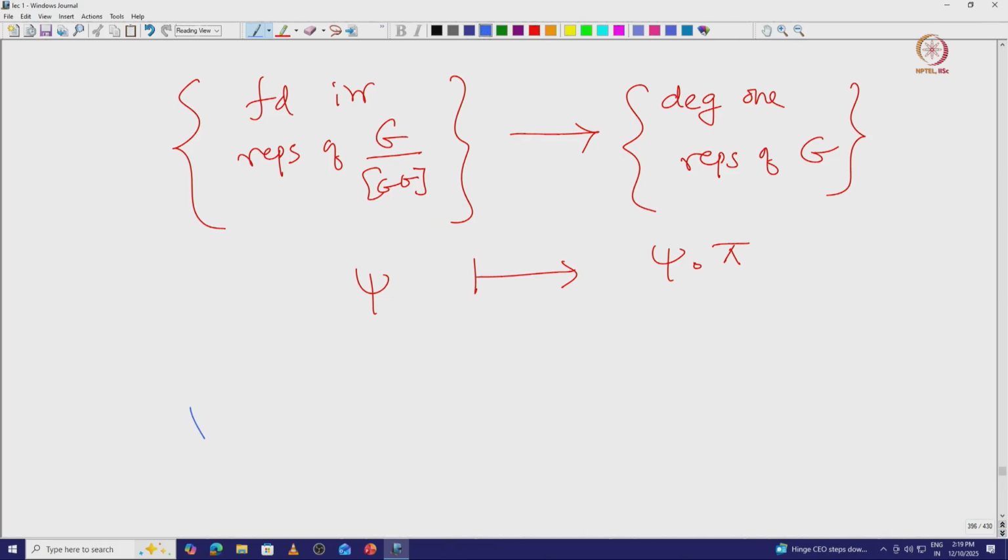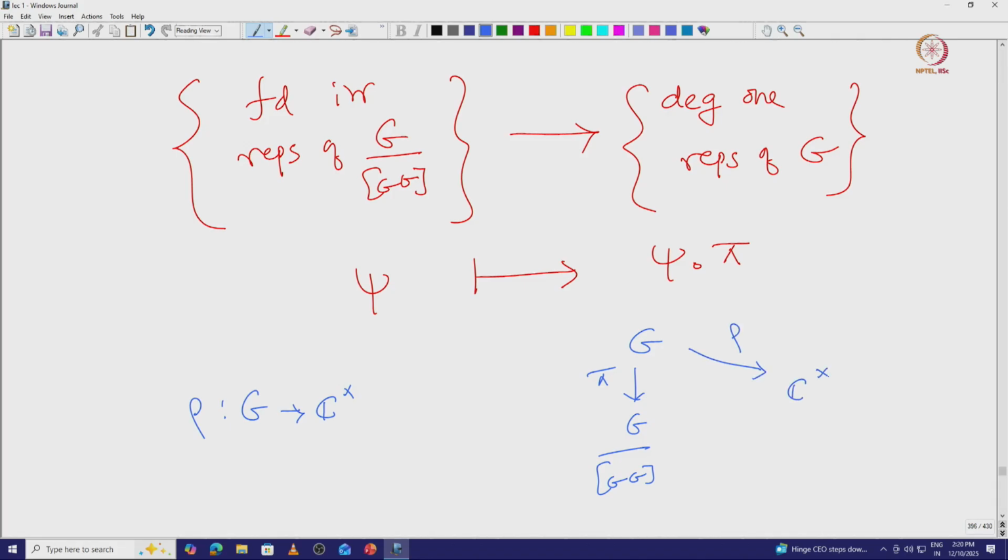Suppose we start with rho, which is a one dimensional representation of G, again a map from G to C cross. Then you have G and then G modulo bracket GG, and you have this quotient map pi, and this representation rho which is given here.